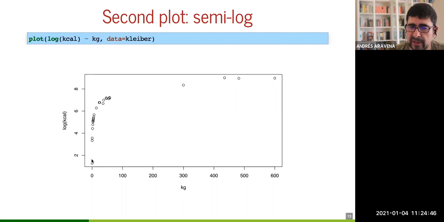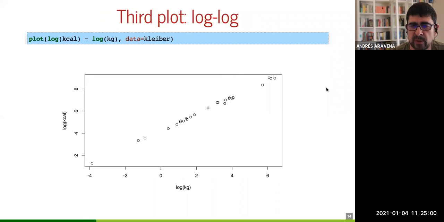We get more information here. We understand better what is happening because we get some zoom here, but it is hard to make a model. Not impossible, but it's harder. Then we put log in both axes. Okay, this looks much better.